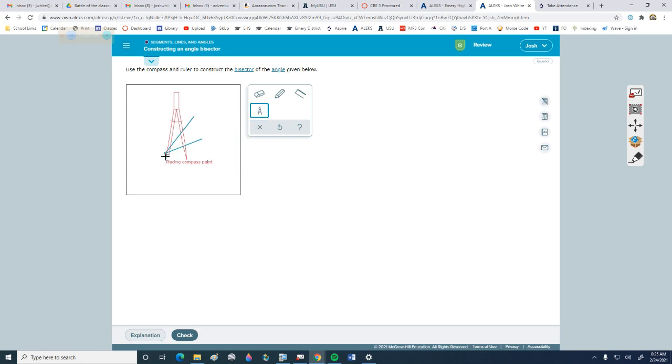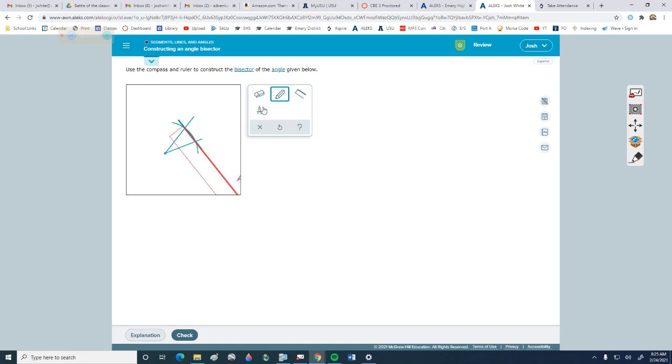So I get my compass, I set my distance, and then I draw an arc, use my straight edge to connect those two with a line segment.